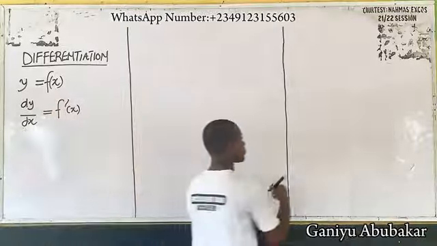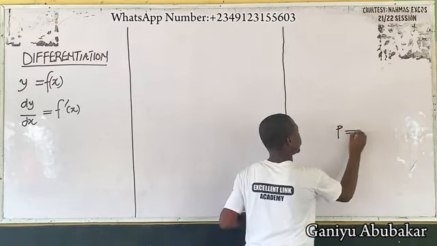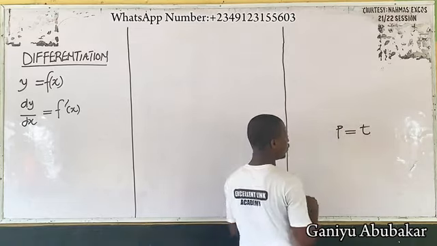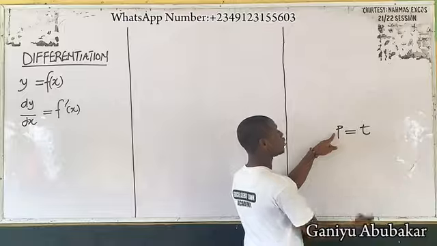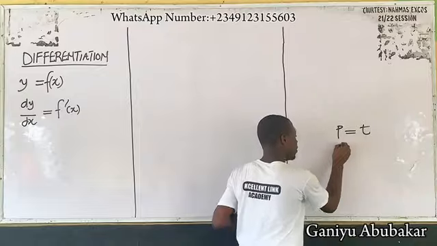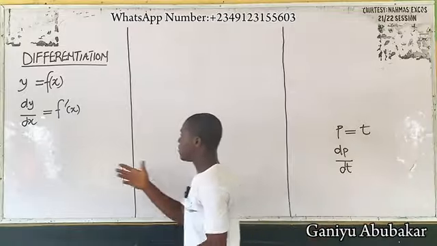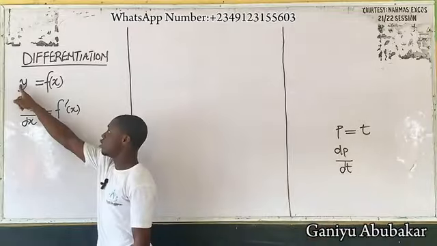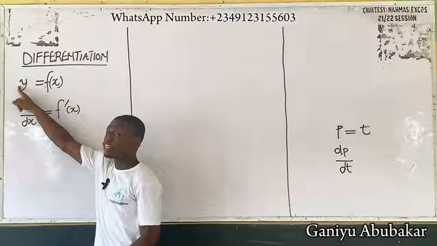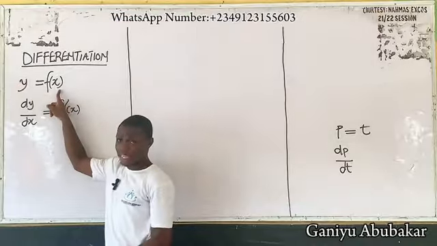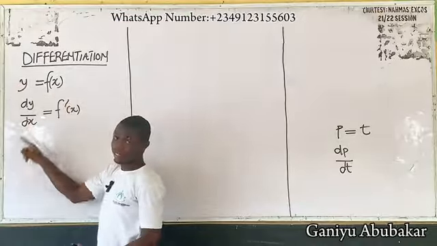So here's the concept. Let's say I have p equal to t. The change in p with respect to t becomes dp over dt. Observe in this first case, I had y. So y is changing with respect to x, so in that case, I'll have dy over dx.